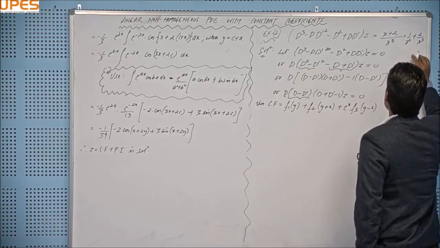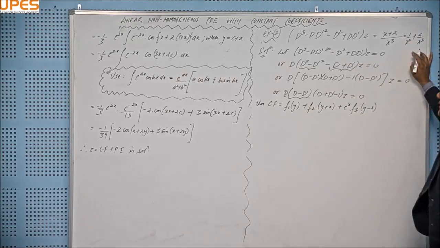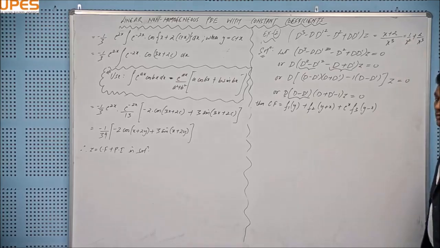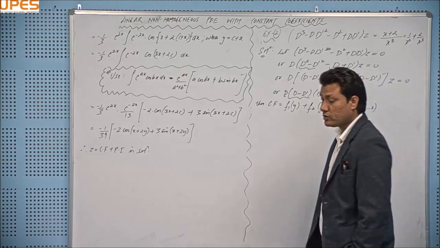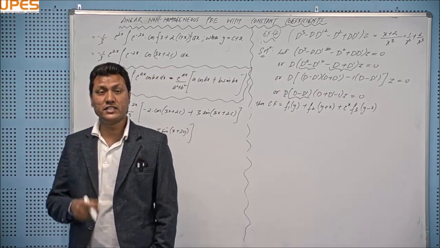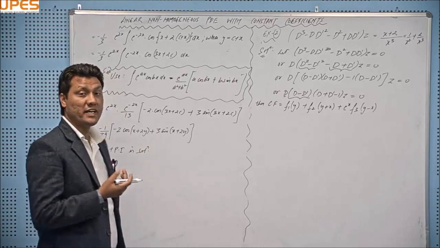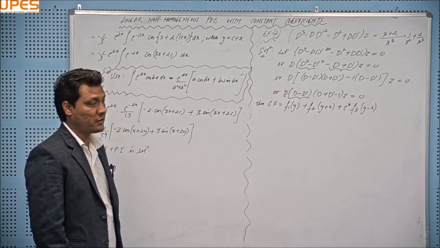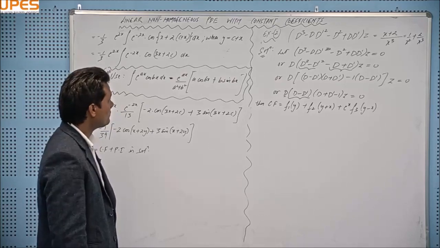The important thing to notice is that you cannot apply any of the previous methods we have discussed so far, because this is not of the form x to the power m multiplied by y to the power n. Means when you expand f(D, D dash) in ascending powers of D by D dash or D dash by D, even that formula will not work here. I will tell you how.